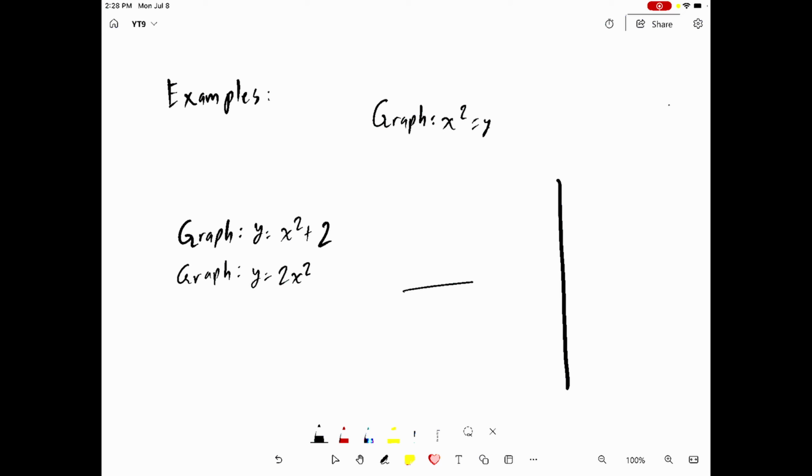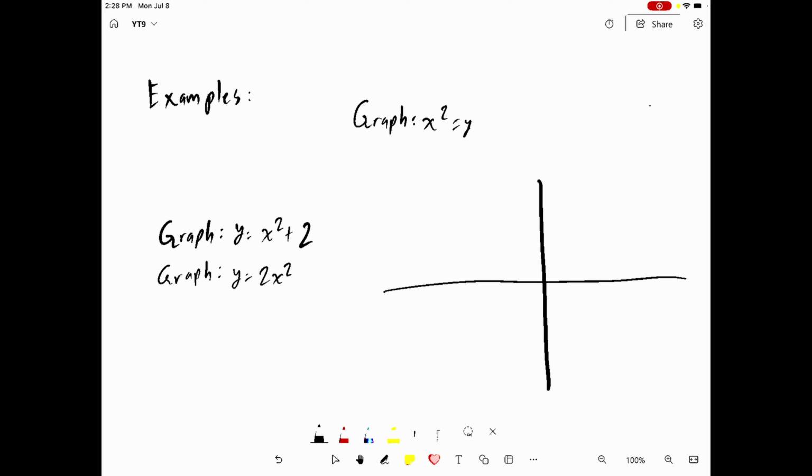So if we draw it like this, we're going to get 1, 2, 3, 4, 5, 6, and I'm just going to make them smaller, 1 through 9, and let's make it 10.